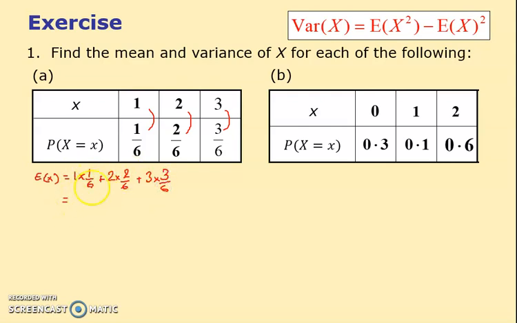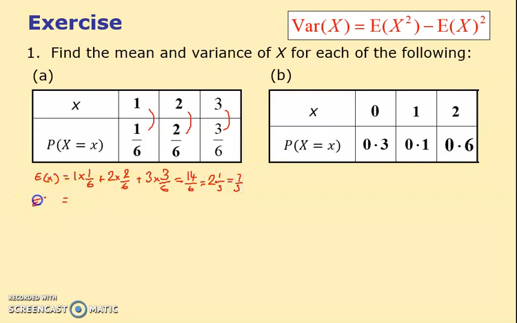That's a sixth plus 4 sixths, that's 5 sixths, there's 9 sixths there. I think that's 14 over 6, which is 2.5, I think. Is it 2.5? No, it's not. It's 2 1/3. 14 divided by 6 is 7 thirds, 2 1/3. So I've got my 2 1/3. It might be better actually writing it as 7 thirds.